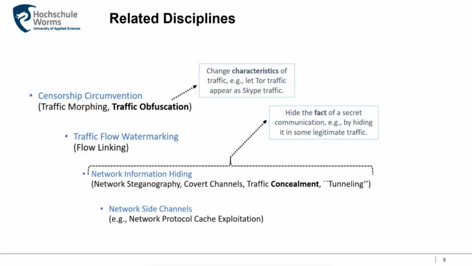But here the goal is to prevent anyone from recognizing at all that there is something. More or less a subdiscipline is the network side channel topic. The focus of today's talk will be rather broad in the sense that I will cover these disciplines in a broad manner, and then I will go a little bit into the details of the traffic concealment domain.